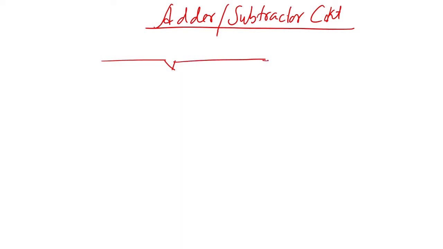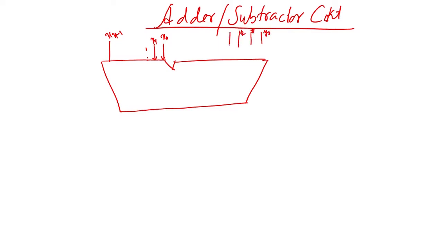On this side we will have x 0, x 1 up to x n minus 1, so n bits. This side we will do a little differently. We have y 0, y 1, y 2, y 3, and then n minus 1.